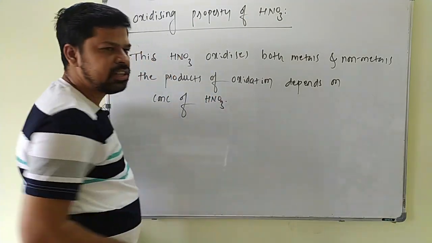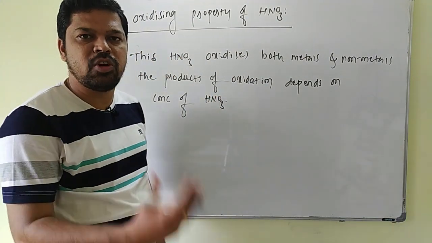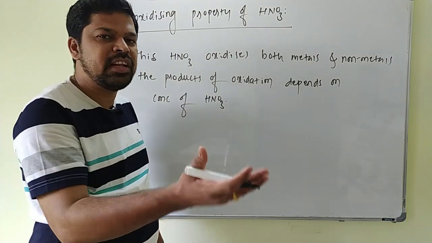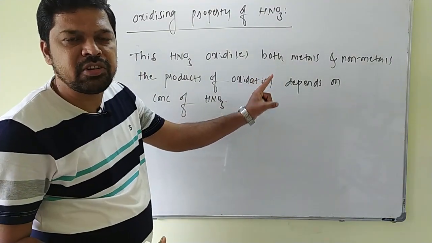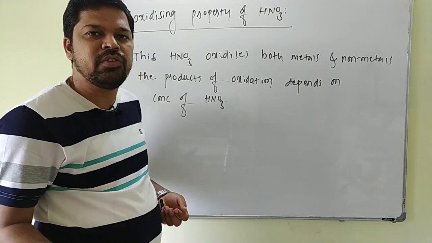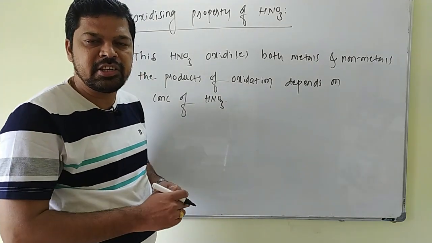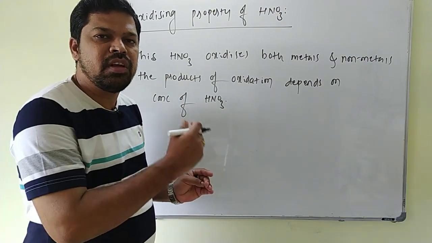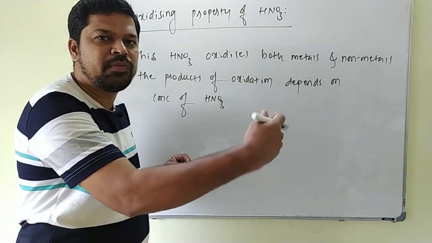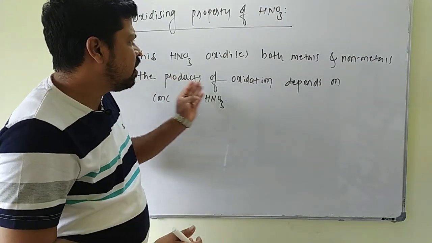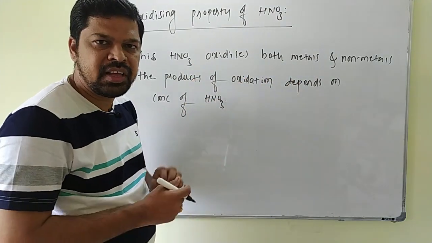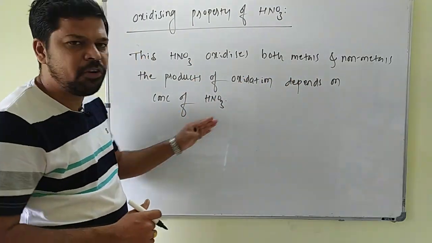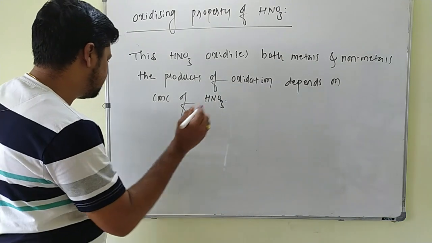So this HNO3 oxidizes metals as well as non-metals, but the products of oxidation depend on the concentration of the HNO3, whether you have taken very dilute HNO3, or very concentrated HNO3, or simply dilute HNO3. So based on the concentration of the HNO3, you will get different products of oxidation, whenever metals and non-metals are treated with HNO3. Okay, first we will go for oxidation of the metals.